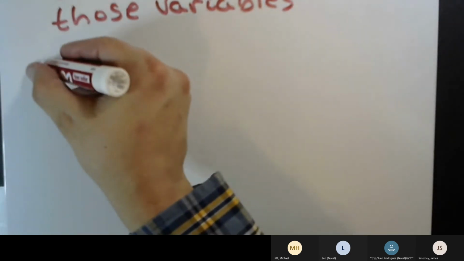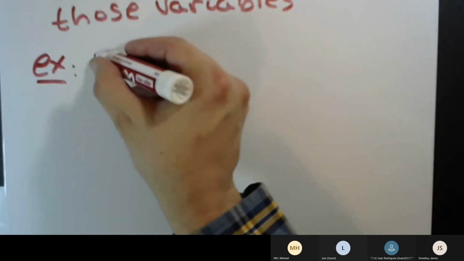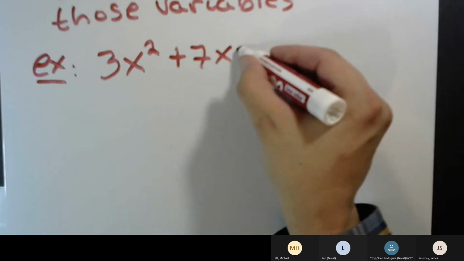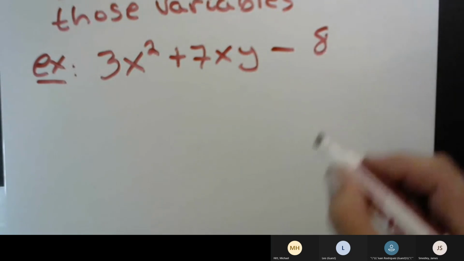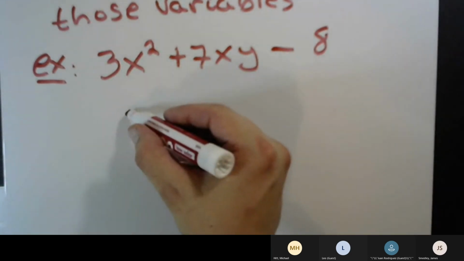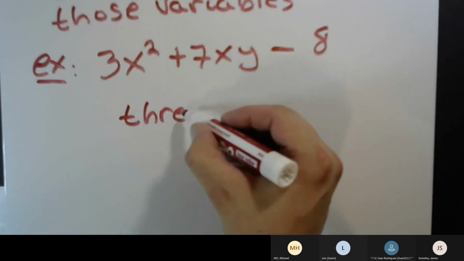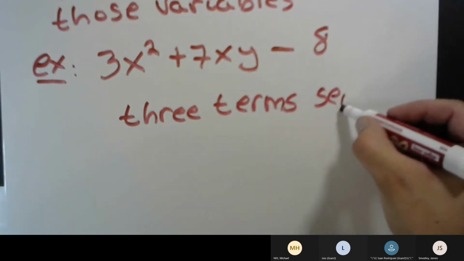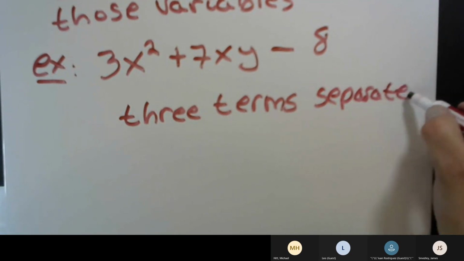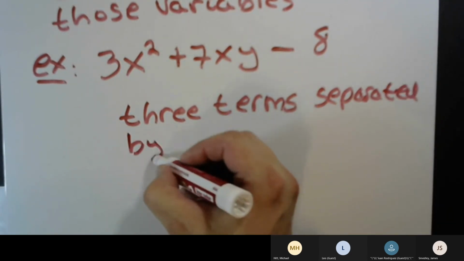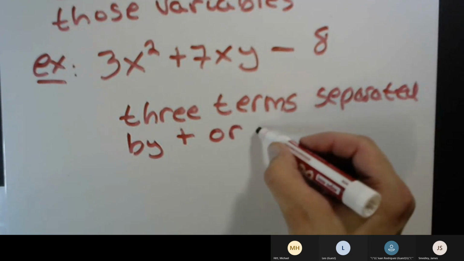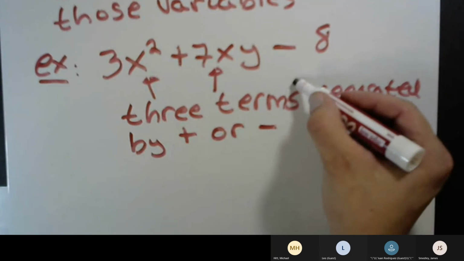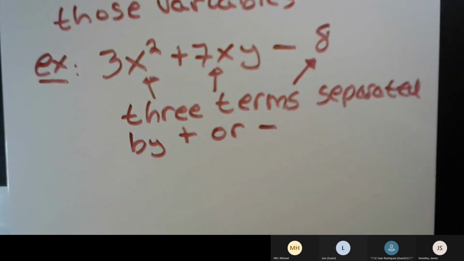But for example, these are three terms, and they're separated by plus or minus.